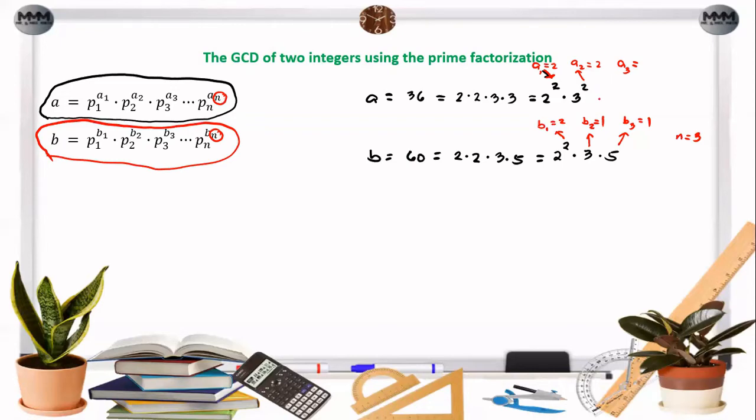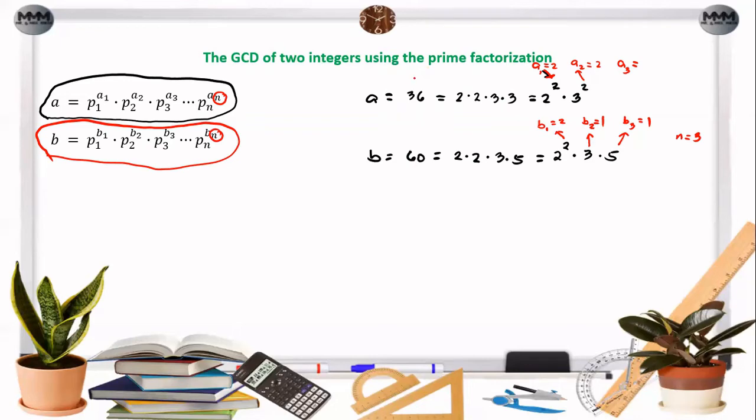Now, recall that in our basic mathematics, what number can we multiply to 36 so that the value of 36 will be retained? We use the identity property.